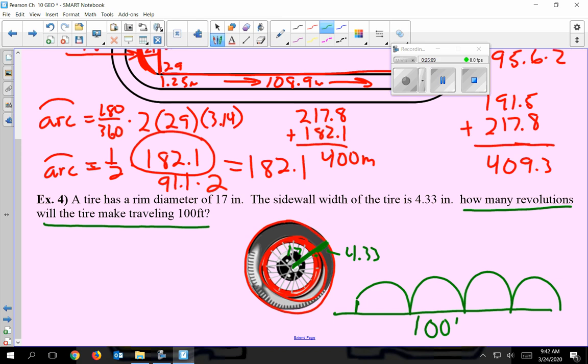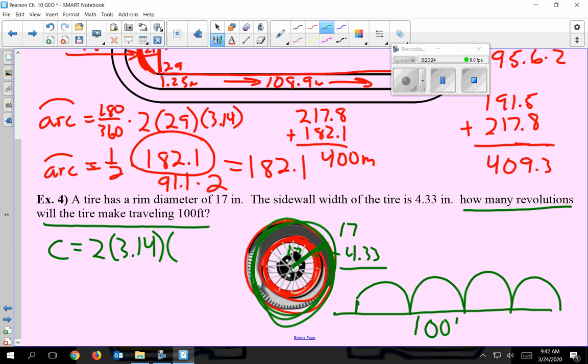So basically, I've got to find now the circumference of this circle. Okay, so circumference is going to be 2 times pi times the radius. So I had to add 17 and 4.33, and it gets me 21.33 as the radius of that whole thing put together.